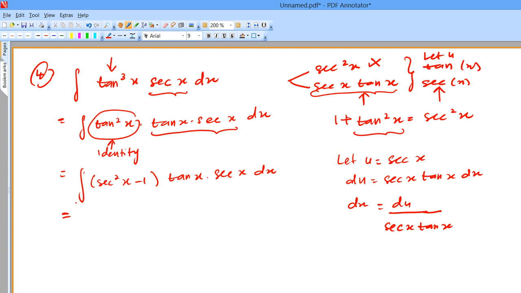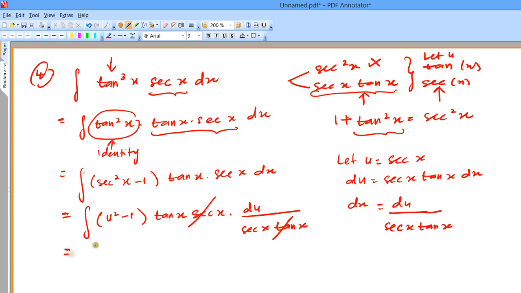So equal to, substitute, u square minus 1 times tangent x times secant x times dx equal to du over secant x tangent x. So now we can cancel out tangent x, secant x.